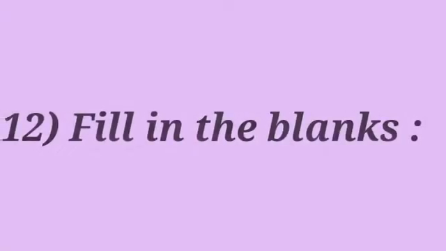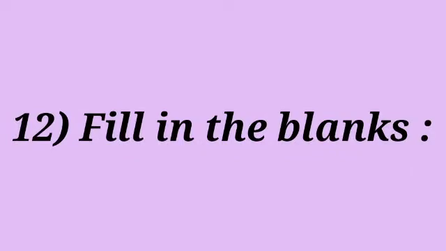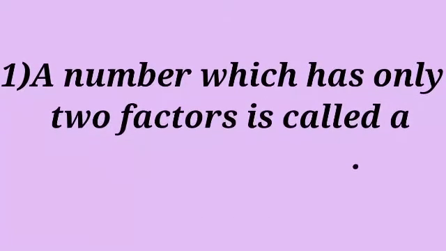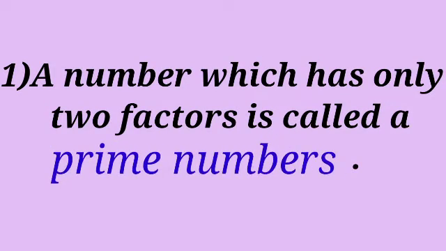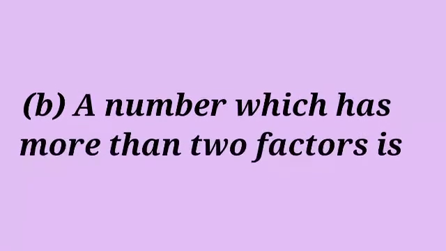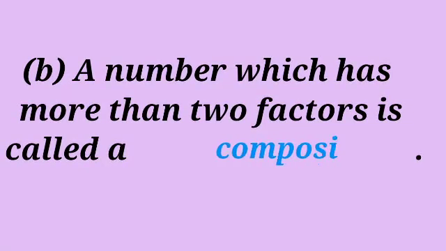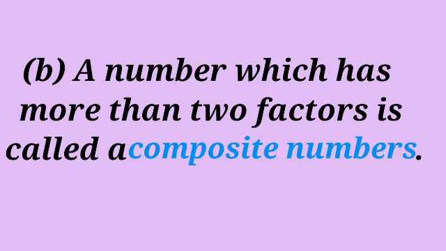The 12th question is, fill in the blanks. In the first one, a number which has only 2 factors is called a prime number, because in prime numbers we have 1 and itself as factors. B question is, a number which has more than 2 factors is called a composite number, because without prime numbers all the numbers are called composite numbers.